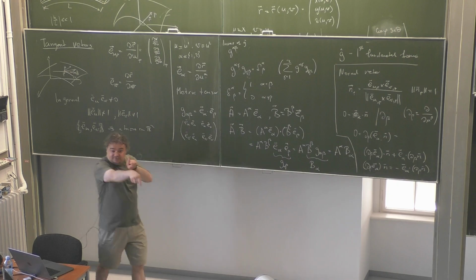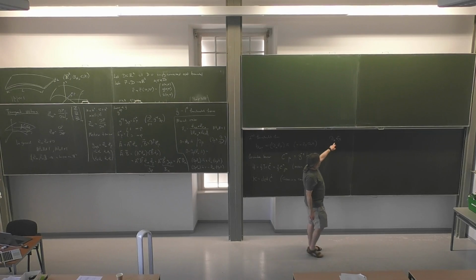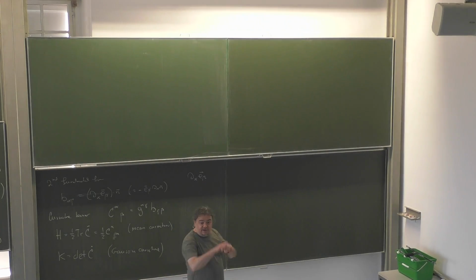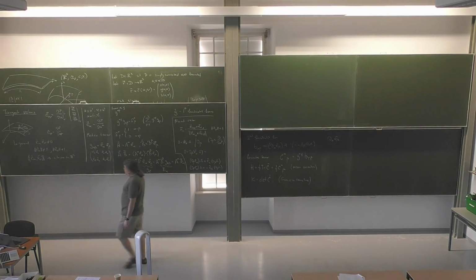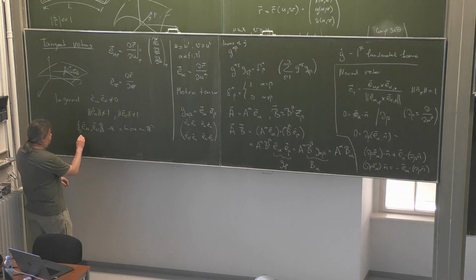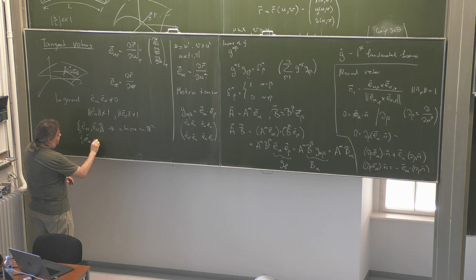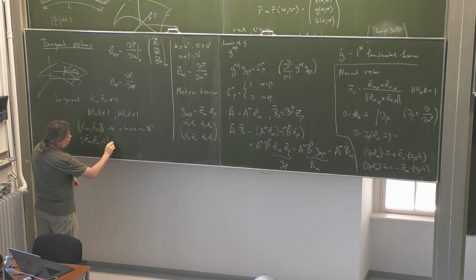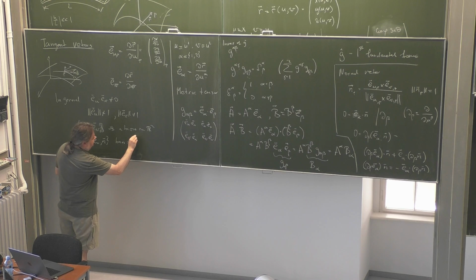Now I take the derivative of that object. In general, there is no reason that it's going to be tangent when I move further. Why would it be? There's no reason. It's going to be some vector. But I'm going to use the fact that if I take e_u, e_v, and N, these guys form a basis in R3.